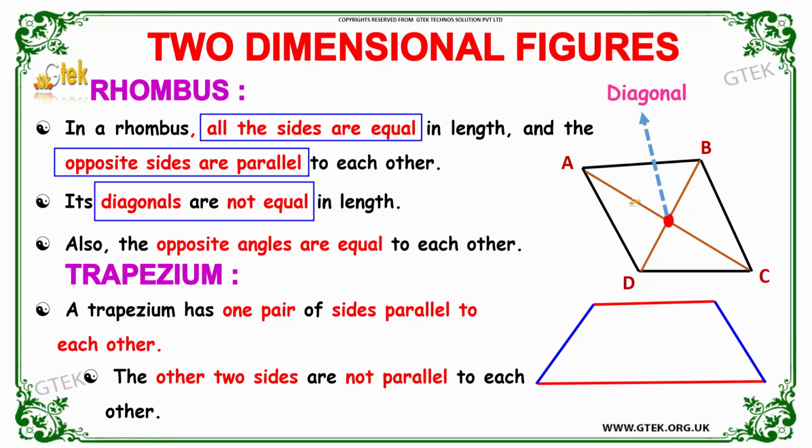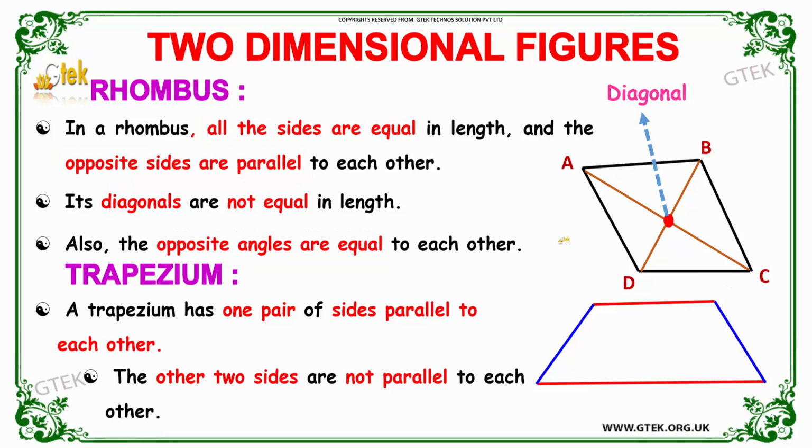You can see that the diagonals are having different lengths and the opposite angles are also equal. So the angle over here will be equal to the angle over here and the angle at A and C will be equal. So that is the condition for a quadrilateral to be a rhombus.